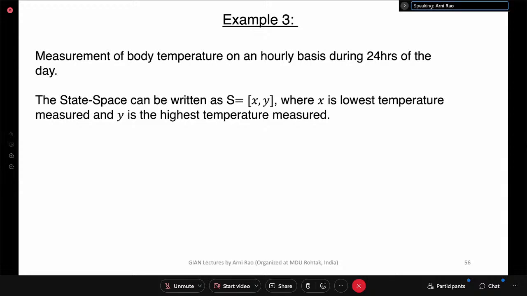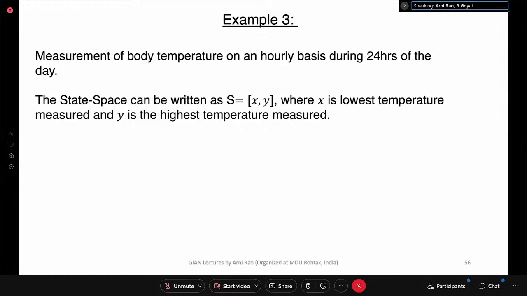We measure temperature, 97 degrees or 98 degrees, 98.4, but body temperature may not remain always the same. Suddenly it changes, fluctuation keeps happening. On an average we say 98.4 is the average temperature of the body, but we all know that pressure and temperature keep on changing every day around the clock. So state space in this.